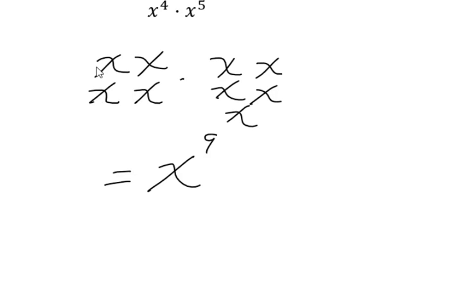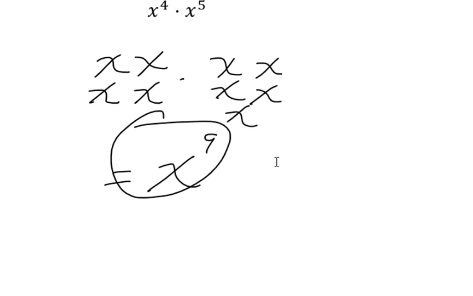And the value of x is being multiplied times itself 4 times here and 5 times there for a total amount of 9 times. So this expression of x to the power of 4 times x to the power of 5 would be simplified to x to the power of 9. That would be my final answer in this expression, since I don't have a value for x.